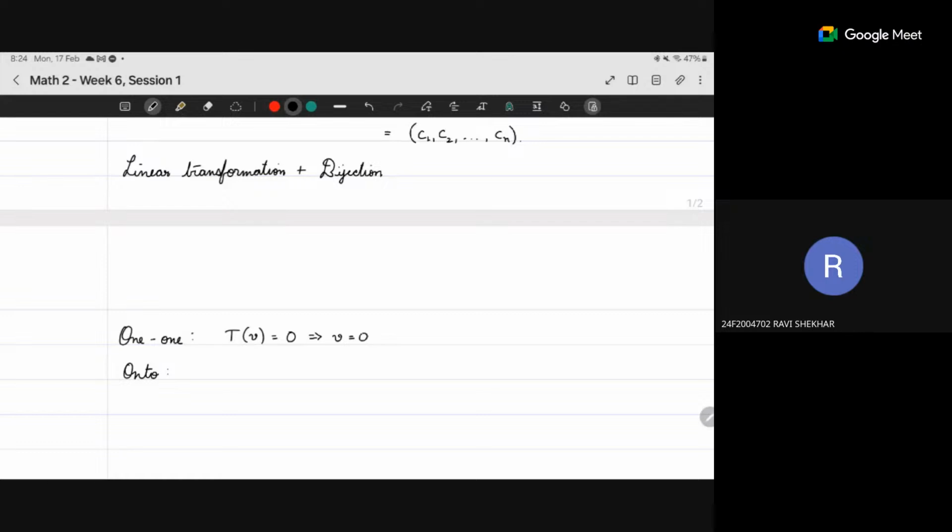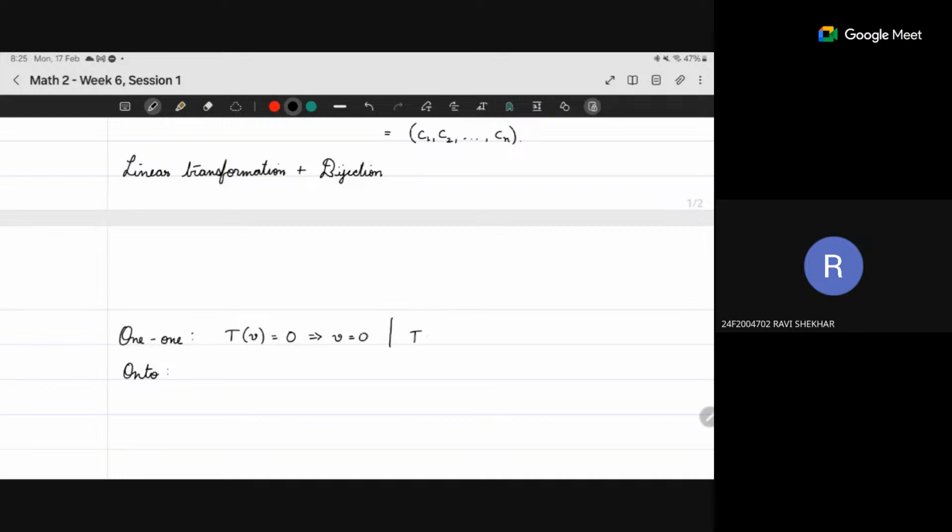Correct. So under any linear transformation, you know that the 0 vector goes to the 0 vector. That is by definition. But then if 0 is the only vector that goes to 0, then it is a one-to-one map. I think this result is already discussed. So we have to take an arbitrary element that is mapped to 0 and show that that actually is 0.